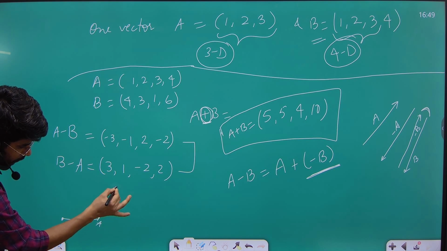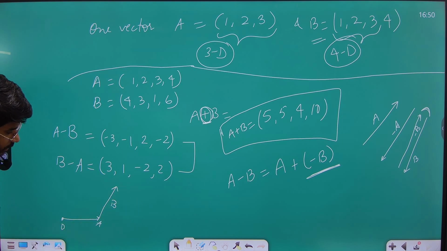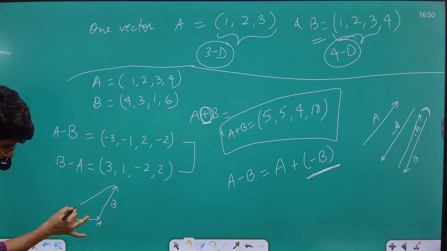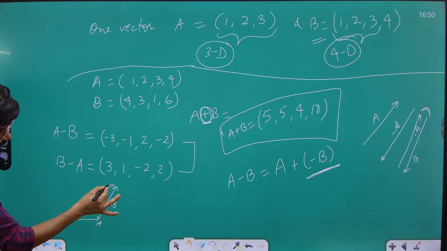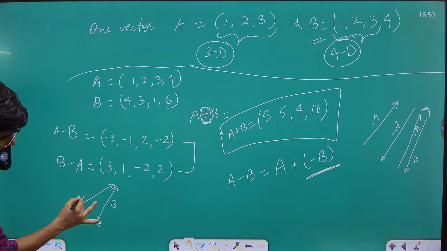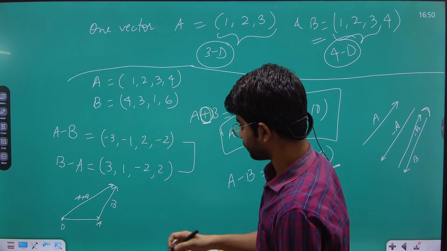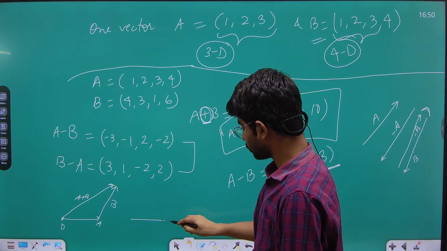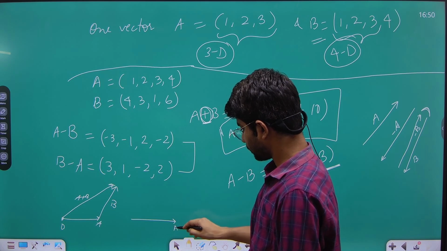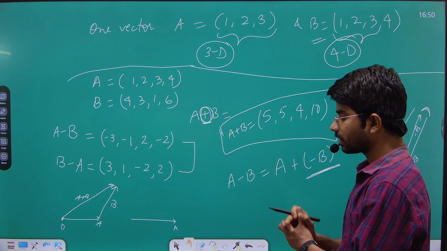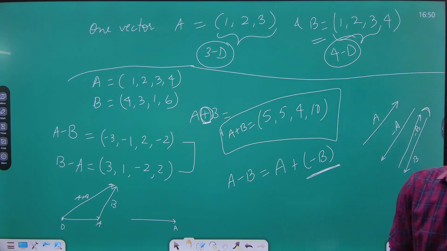So you will have B here, and whatever the final outcome from the initial point is, this is your A plus B. Suppose you want to find A minus B. So this is your A, but you want to find B in minus. So how will you find that?